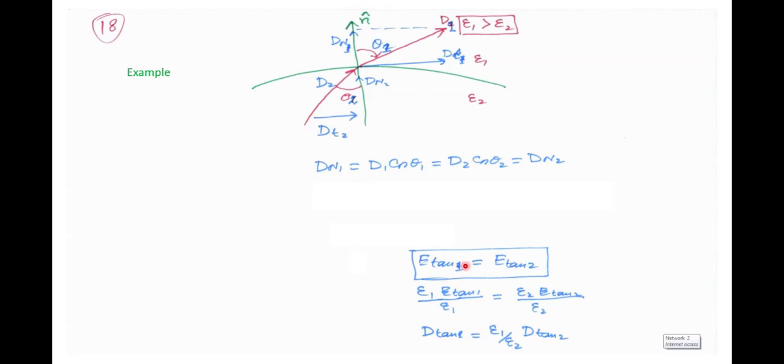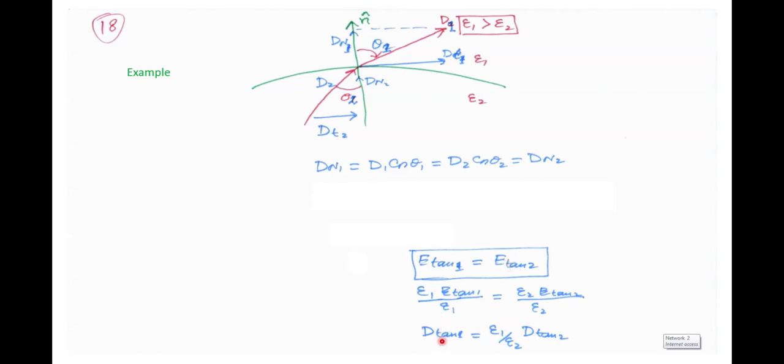And as we know, the tangential components of the E field across the boundary are continuous. So using the tangential boundary condition of dielectric material, multiply and divide the left side of this relation by epsilon 1, and multiply and divide the right side of this relation by epsilon 2.